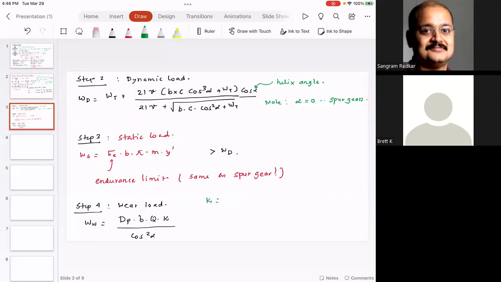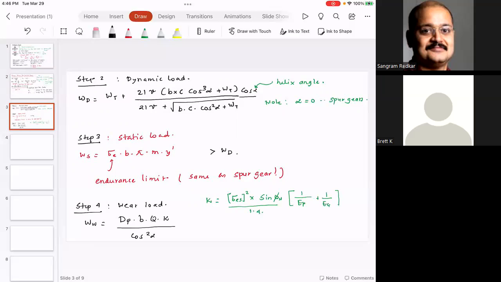K is given as sigma ES, which is the surface endurance limit, times sine phi n, times 1 divided by EP plus 1 divided by EG, divided by 1.4.